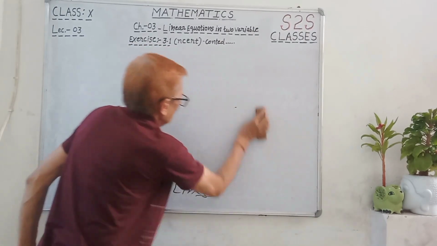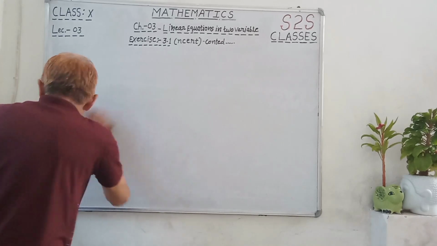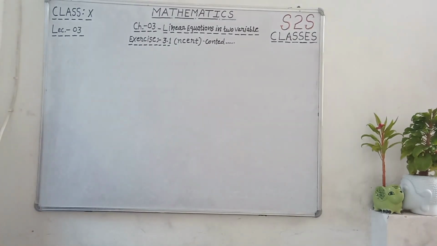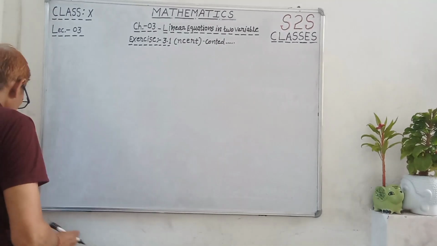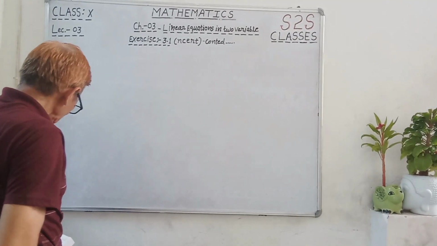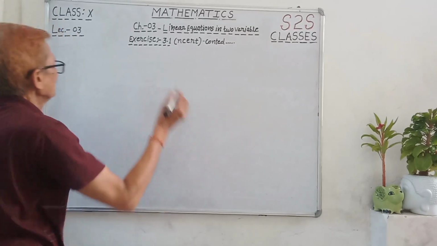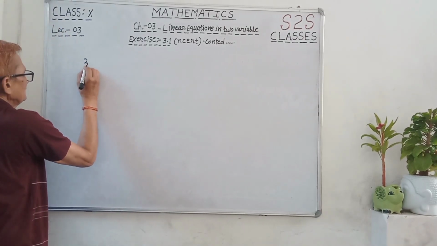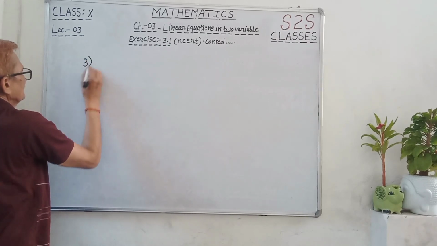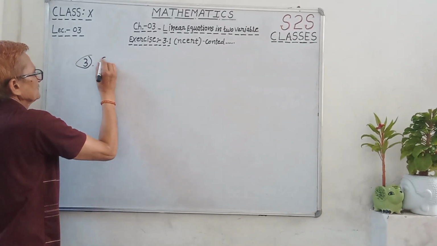Now question number 3. What does it say in question 3? On comparing the ratios, find out whether the following pair of linear equations are coincident or inconsistent, consistent, inconsistent.